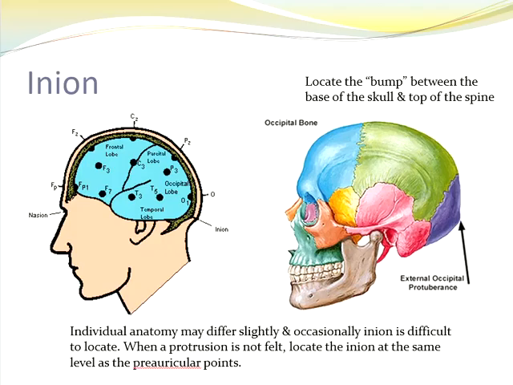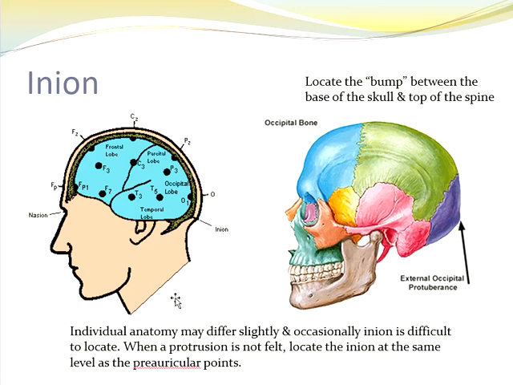The Inion is probably the most difficult to locate of all the 4 anatomical landmarks, because some people have a really flat back of the head, and some people have a really bumpy back of the head, so it's easy to confuse that point for just a bump on the skull. It's going to take some practice to get used to it.